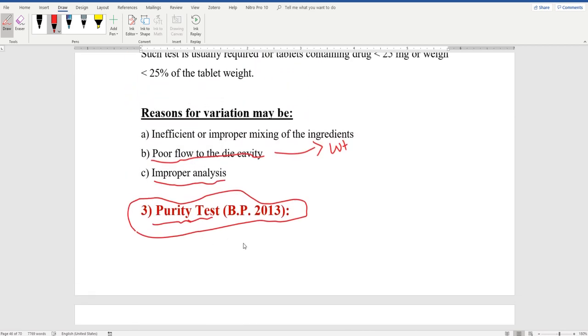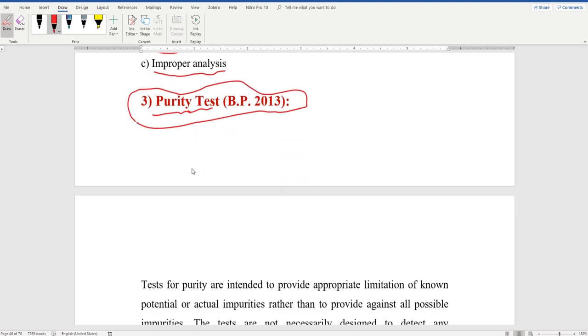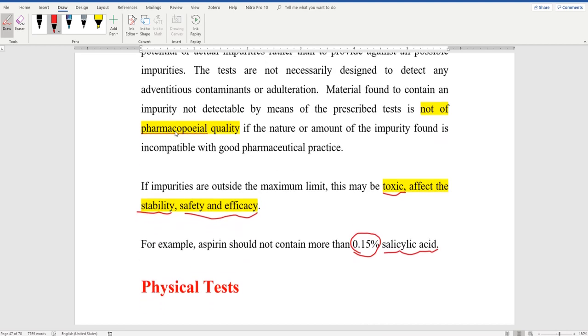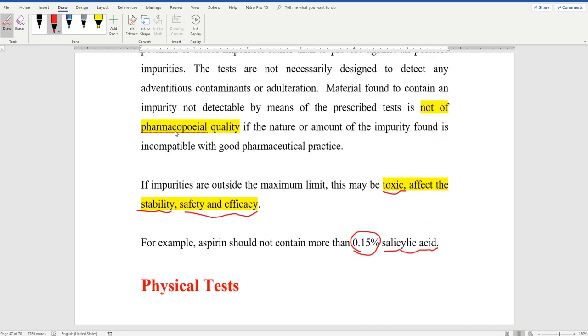The purity test is different from the other two previously mentioned tests because it's done on raw material. The uniformity of content test and chemical content test are done on tablets. The purity test is done on raw material. Which raw material?